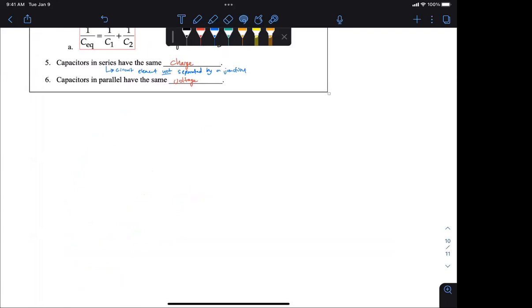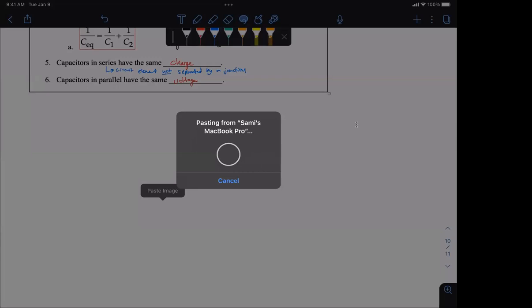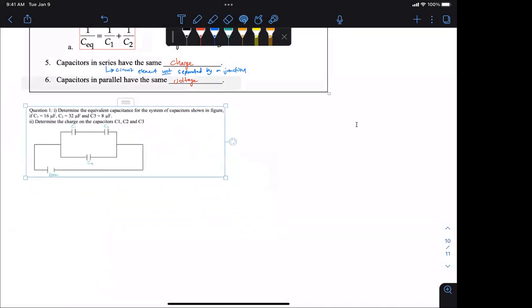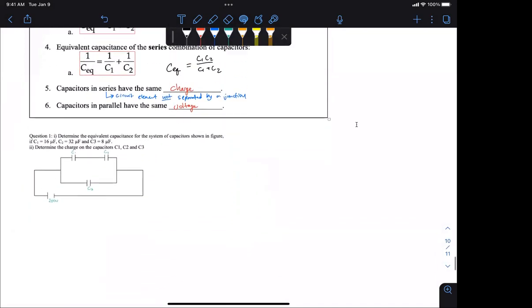So let me post question 1 here into this iPad. I don't know why it's not showing anything. Oh, wow, it's just very slow, that's why.